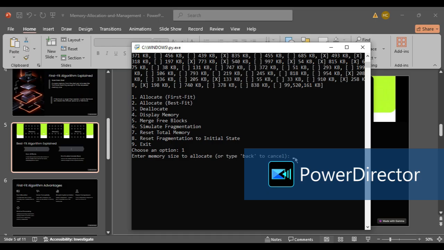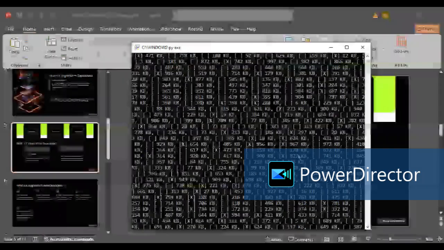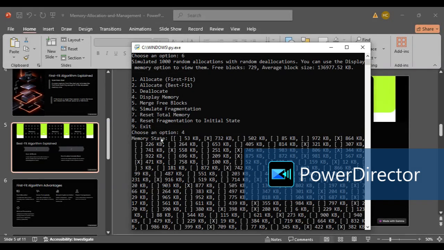So I want to do this 5 times so that we can gather some data and see how the first fit allocation works. So 700 kilobytes. It says we allocated 700 kilobytes using first fit in this time with 5 comparisons. What the comparison means is that it starts scanning from the first block.